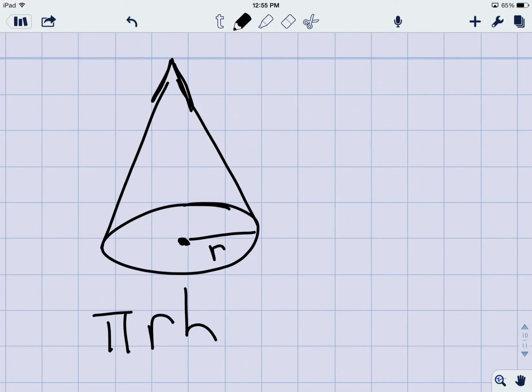Squared times height divided by 3. Okay, I kind of agree with what you're saying, and I think you're thinking volume, right? So we have a pi r squared here, pi times, but this is not just height. It's length. Nope, it is an h.